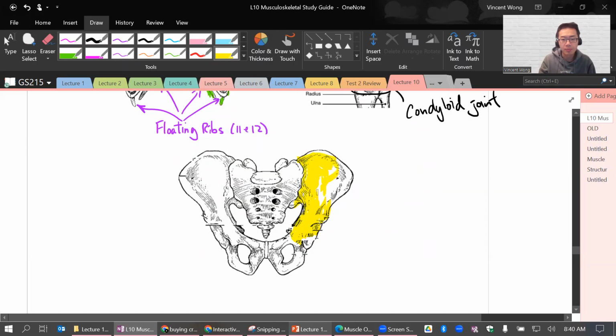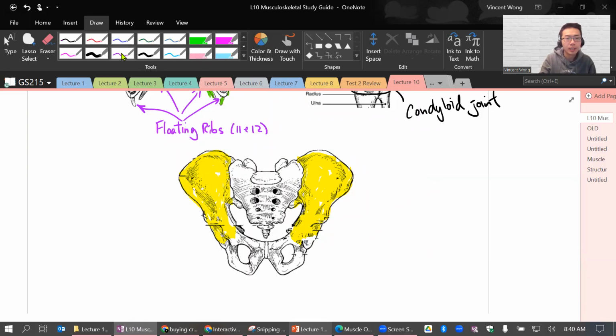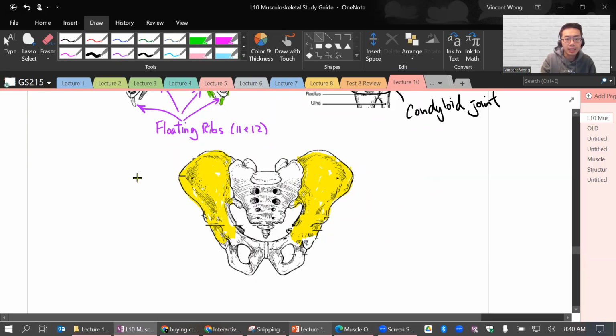This bone that I'm coloring is the biggest one of the pelvic girdle, and I hope you remember which one this is. Ilium? That is the ilium. Thank you, very good. So that is ilium with an I.